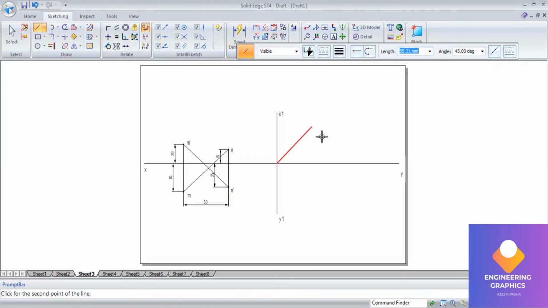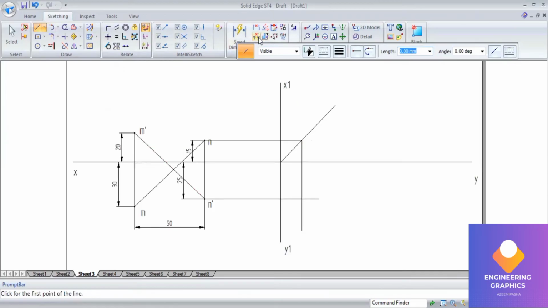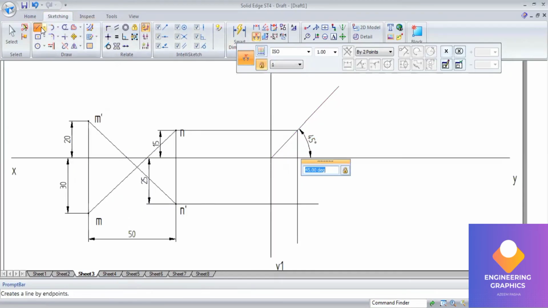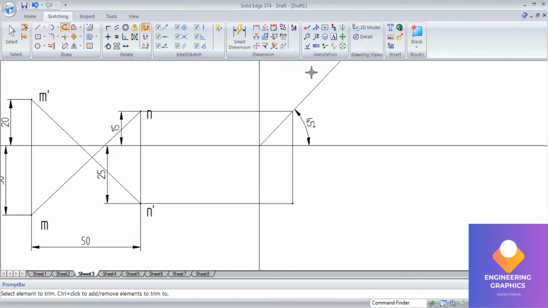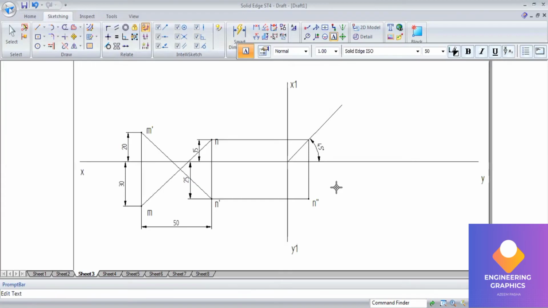So mention the angle 45 degrees and draw a straight line. From this end you draw a line until it touches the 45 degree angle line and then project downwards. This is the 45 degree angle line. You can mention the point here. This is your N double dash, that is your right side view. So this completes the problem.